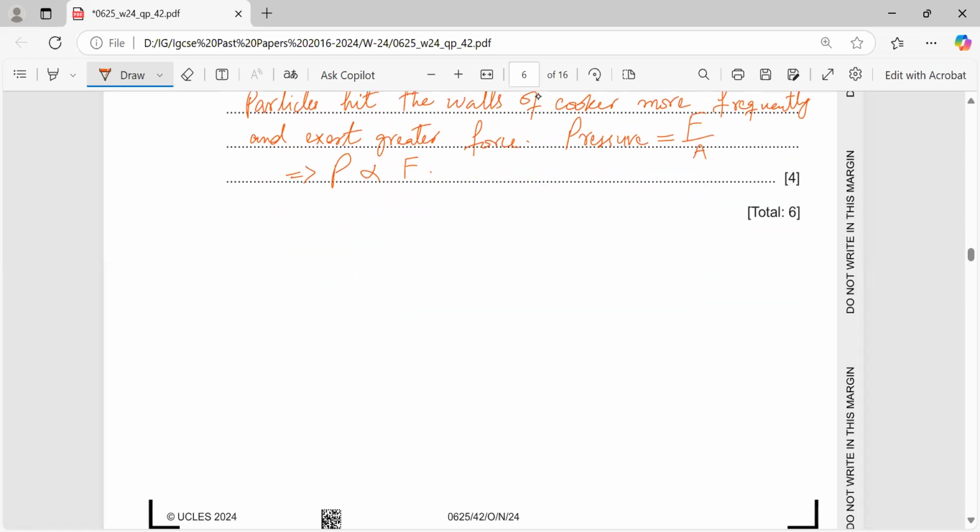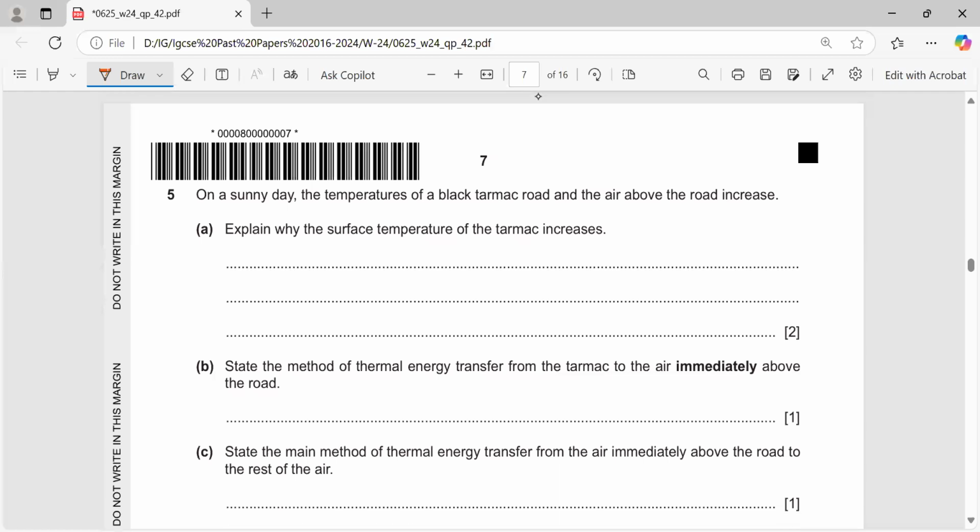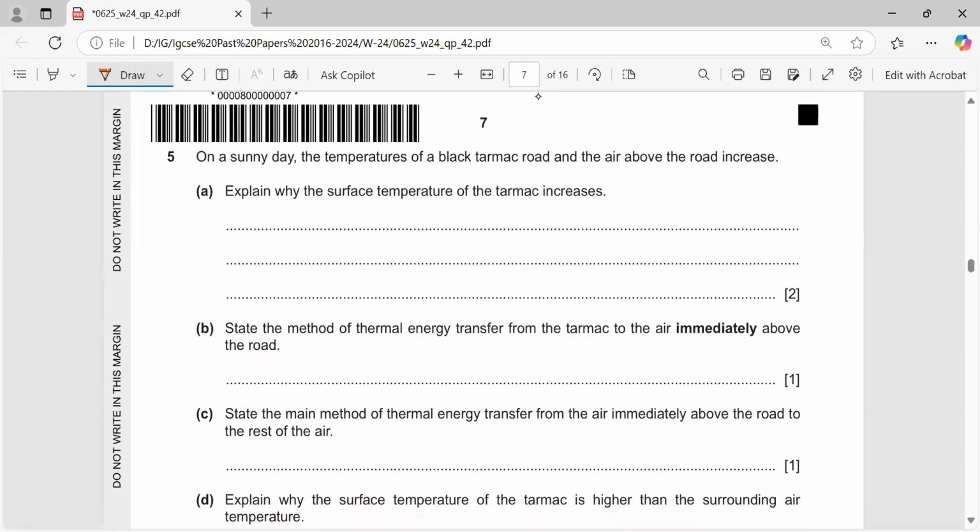Okay, my dear friends, next is then: on a sunny day, the temperature of a black tarmac road and the air above the road increase. Explain why the surface temperature of the tarmac increases. It's very simple. Tarmac is black in color.